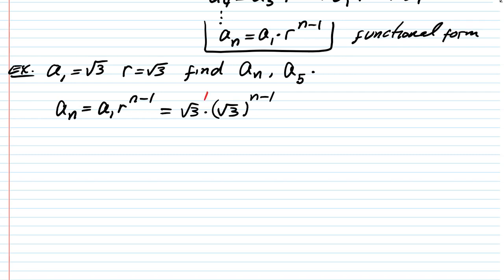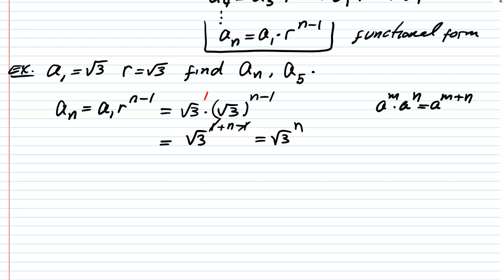Now root 3 is root 3 to the first power. I can actually multiply using the product rule of exponents. A to the m times a to the n, you add the exponents, right? So I can use that to write this as root 3 to the 1 plus n minus 1, or simply root 3 to the nth power.